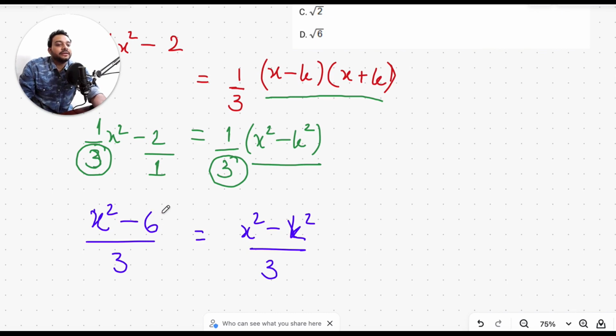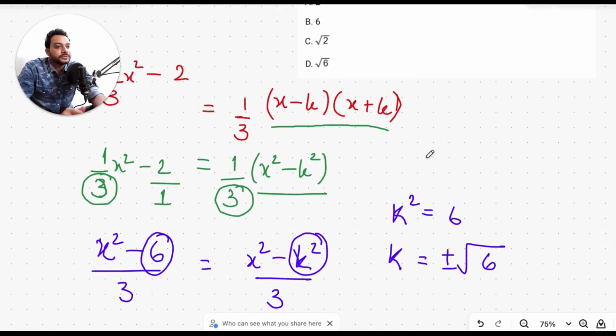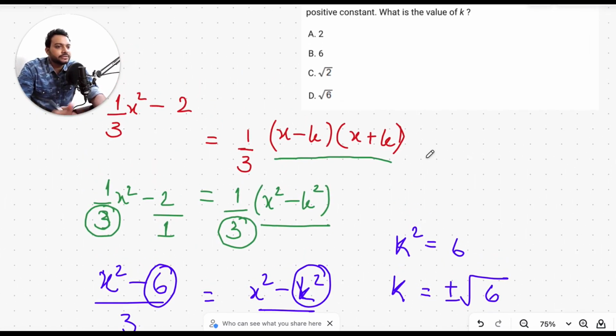Now you can say 6 is basically k squared. So k squared is equal to 6. k is equal to plus minus root of 6. So according to the options, we don't have any negative answer. So option D is the correct one.